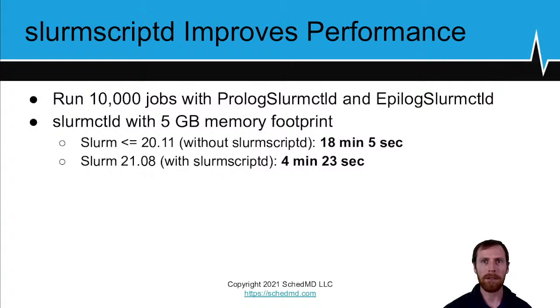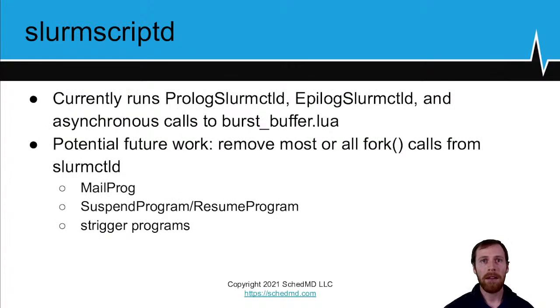Big performance wins. We're really happy with that. Currently, slurmscriptd only runs prolog, epilogue, slurmctld, as well as any asynchronous calls to burstbuffer.lua. So the new burstbuffer.lua plugin doesn't suffer from the performance issues that burstbuffer DataWarp had.